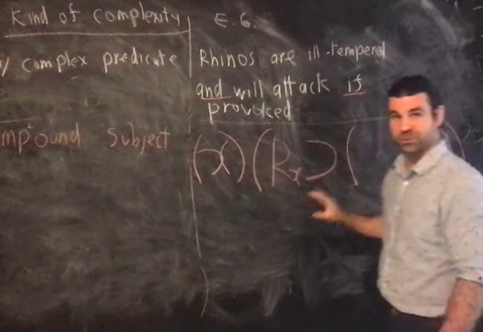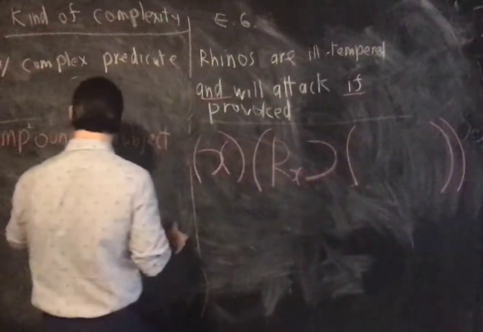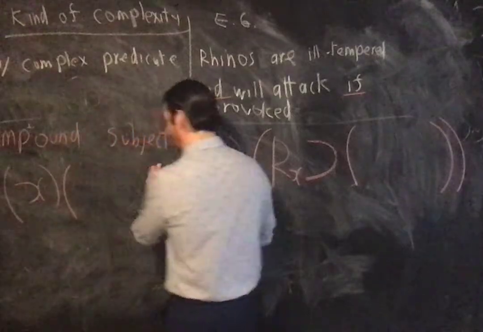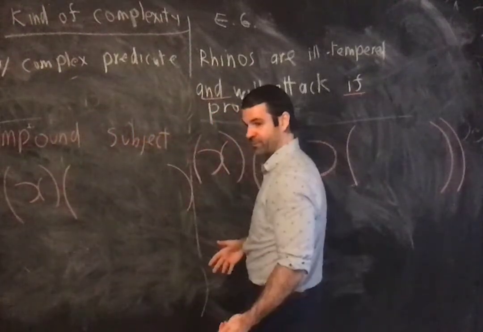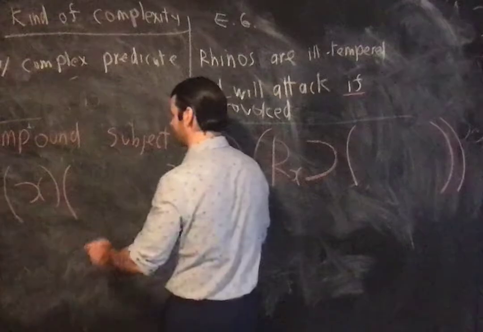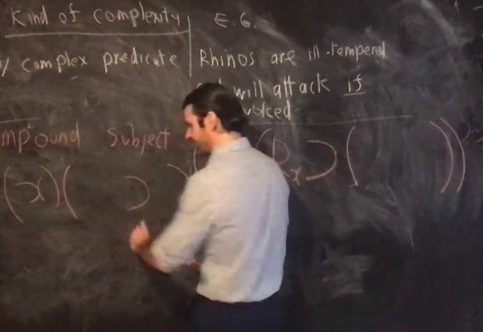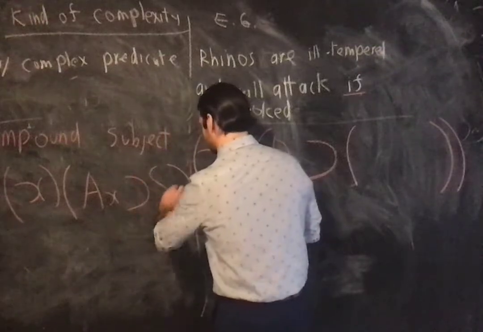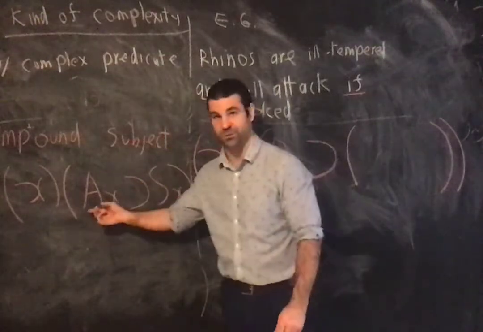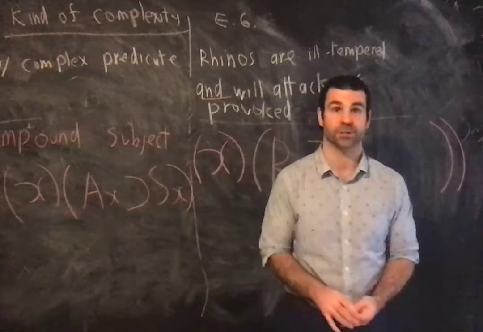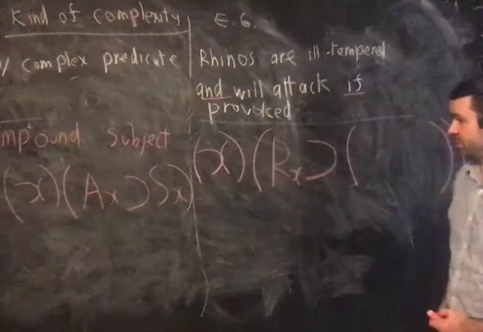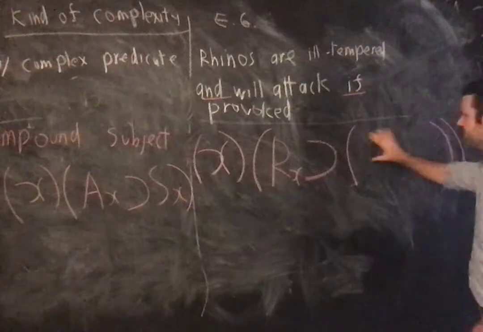So remember back to our paradigmatic A form categorical, all Australians are surfers. Just notice, it's a propositional function here, it's a propositional function here. That remains true for these categoricals with complex subjects and predicates. So this is going to be a propositional function.